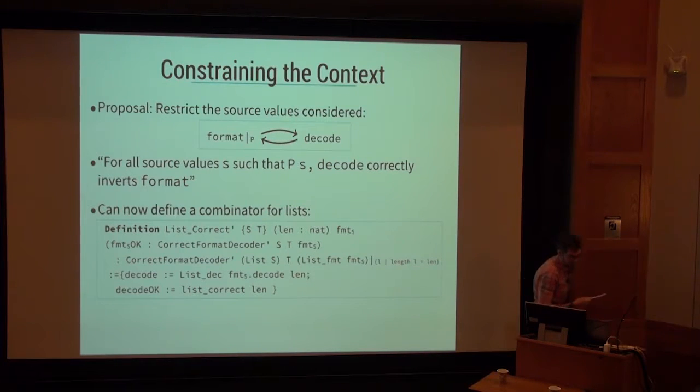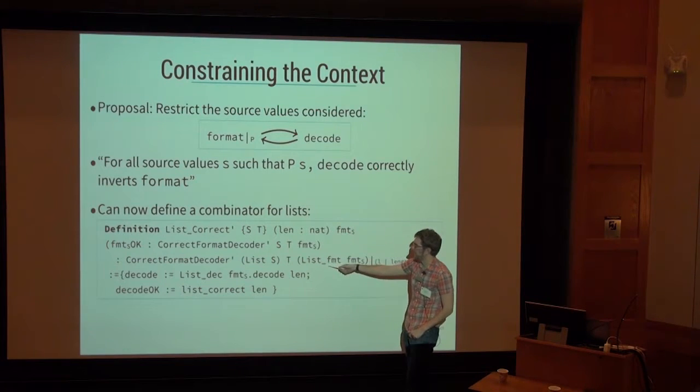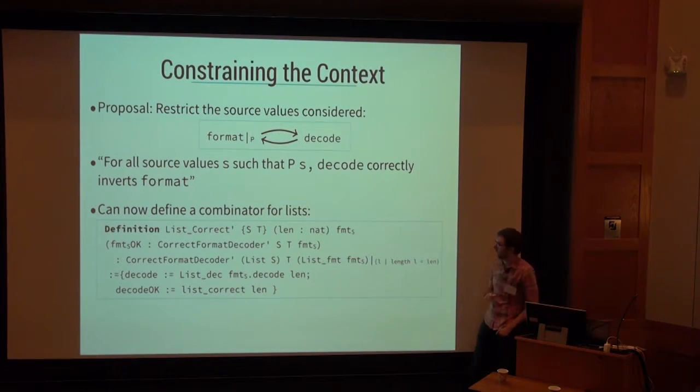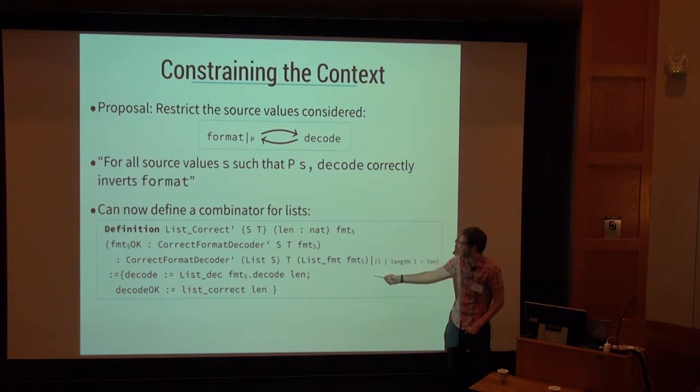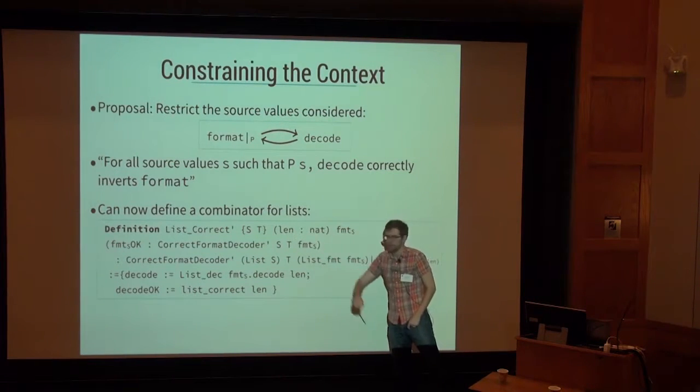Okay, this seems pretty straightforward, and this is good, I think, because now we can define our combinator for lists as follows. We're going to work our way down here. In our definition of correct format decoder, our decoder is going to be correct, assuming that the length of this list is actually equal to the length that you pass in.